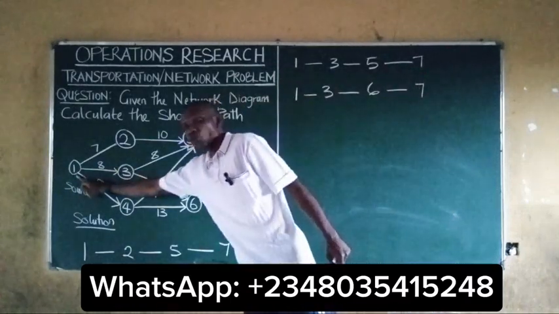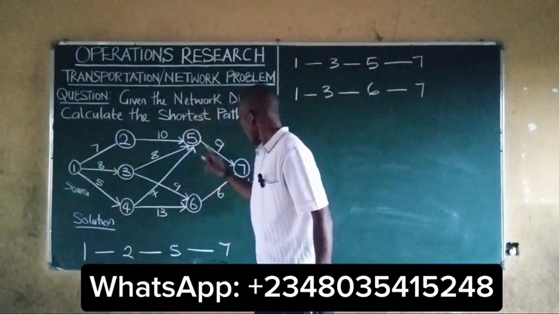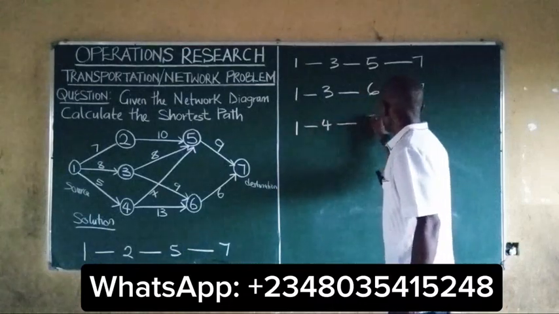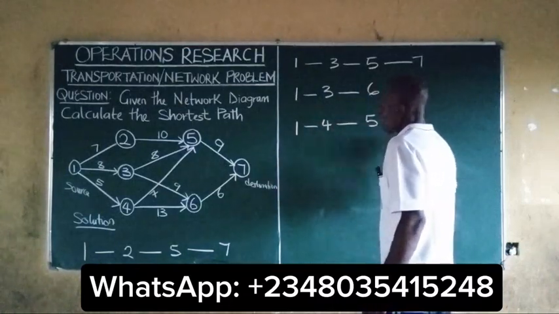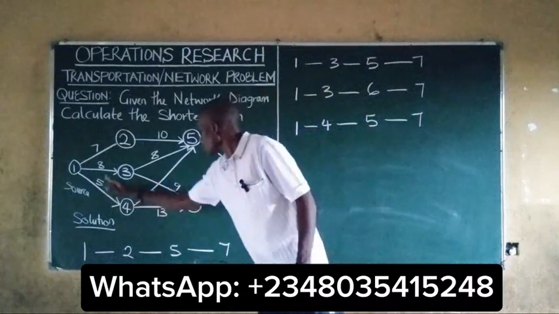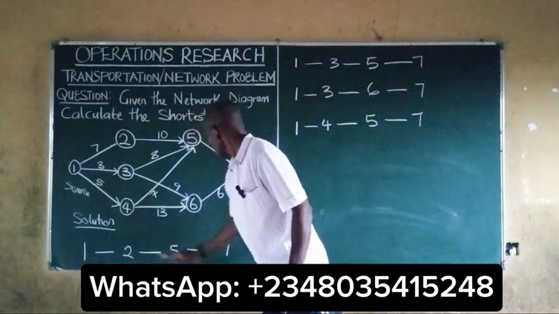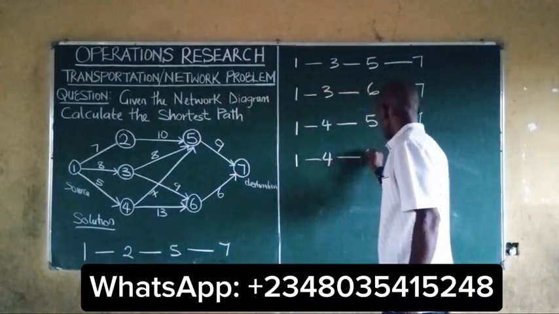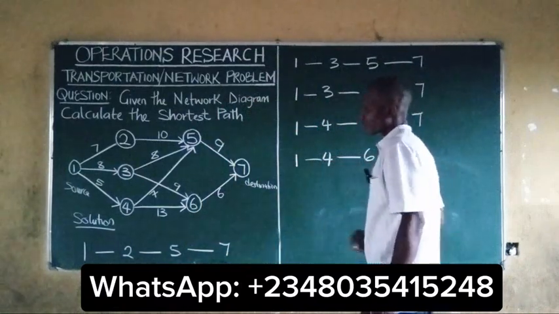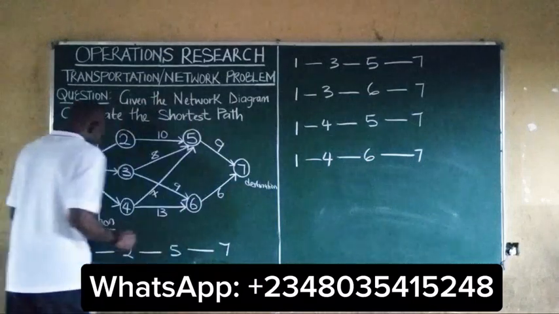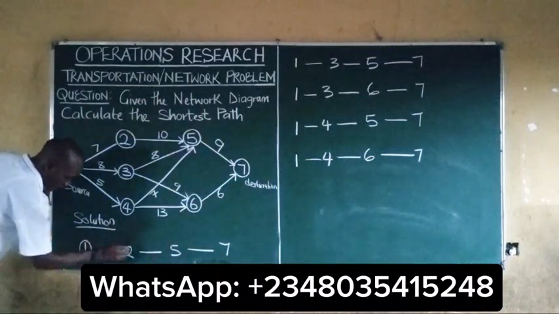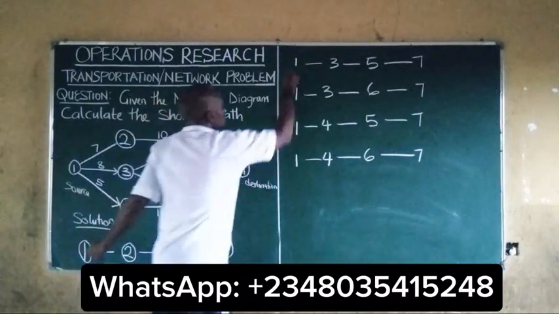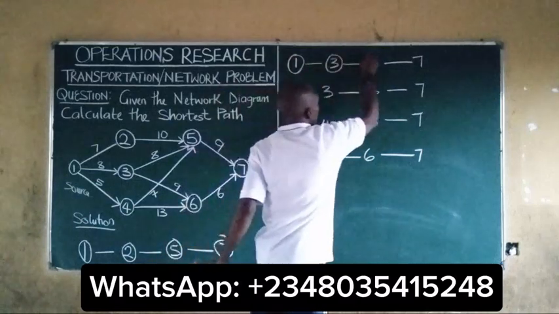We also have 1457. And the last one to take is 1467. Of course, after taking this, we can cycle it in this form.